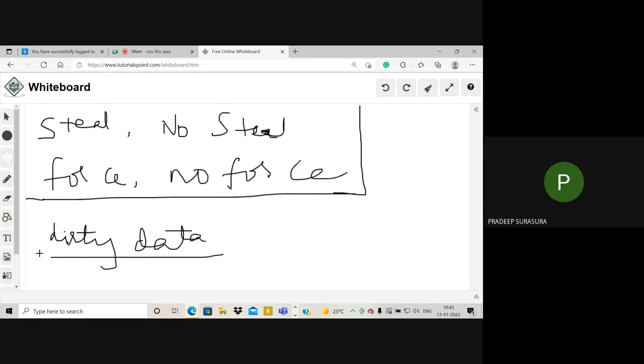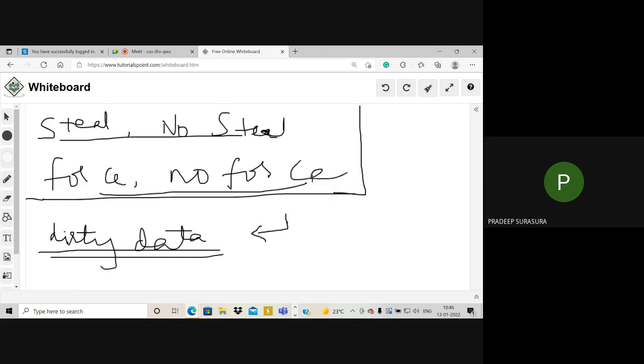Now what do you mean by dirty data? Please understand. Before you go with the Aries algorithm, these words have to be clearly understood. These are not hi-fi words. These are again simple words. You need to understand them.